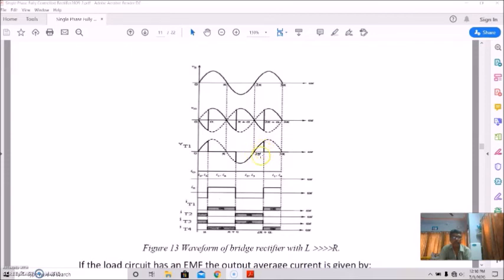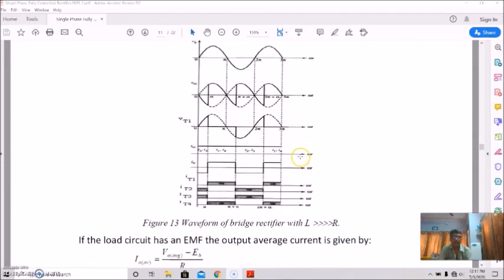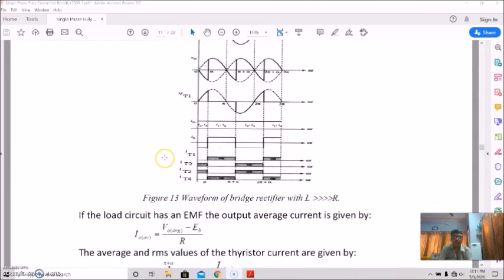And this is the output current. This is for I1, I4. This is for I2, I3, and so on. And this is the source current. Clear? And these are the current waveforms of thyristors 1, 2, 3, and 4.